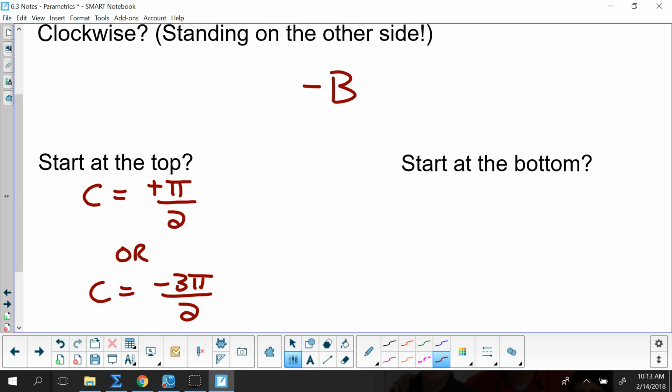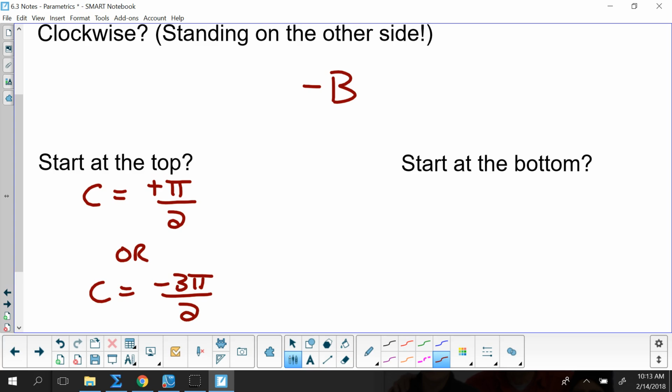It could not be negative pi over 2. That would not have me start at the top. Think about the unit circle. I want to get more numbers that are up here at the top. Pi over 2 is one. Negative 3 pi over 2 is another one.